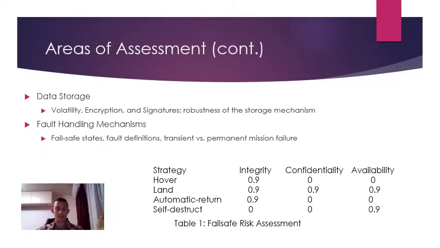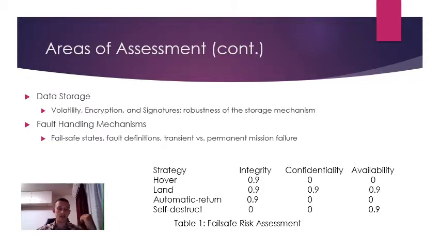For instance, the self-destruct strategy has a very, very low risk assessment, because while, of course, the availability of the UAV is completely shot, so you're going to have that at pretty much a straight 1, the integrity and the confidentiality of the information on the UAV is going to be perfectly safe.